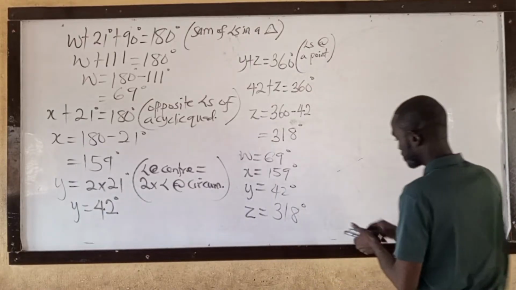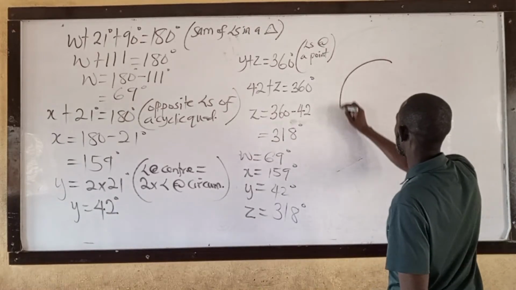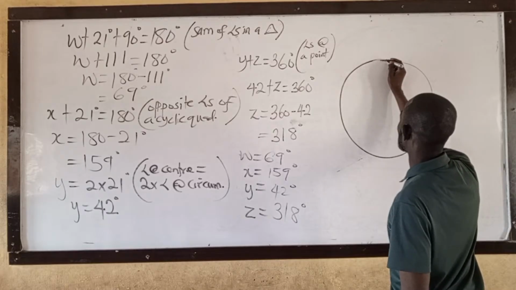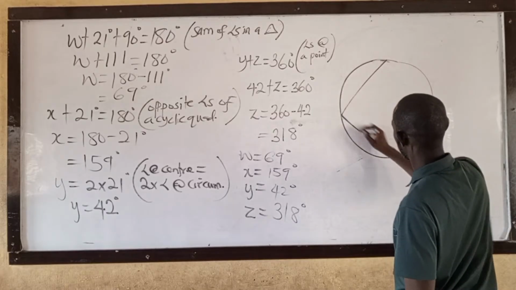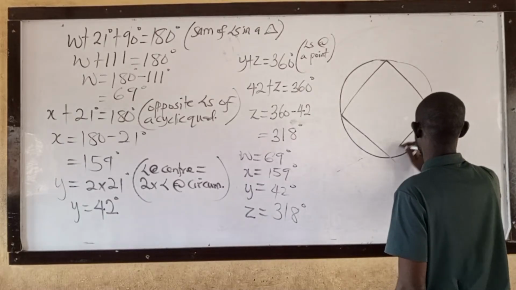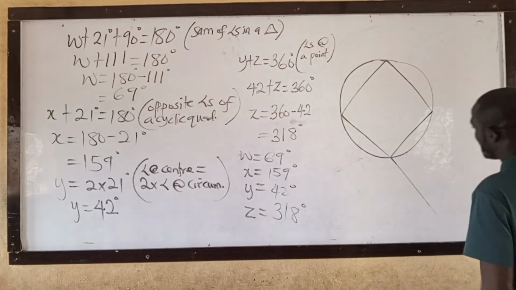Look at this, you have a diagram like this, with a cyclic quadrilateral. And now we take the exterior angle.